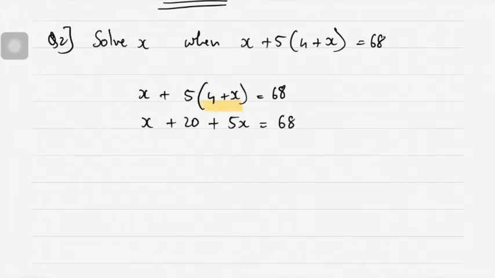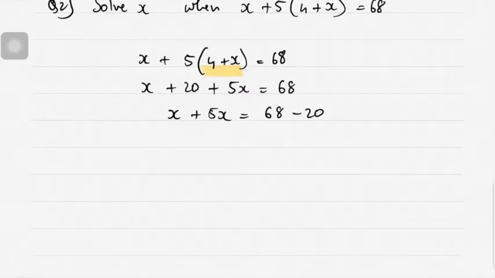I will keep x terms on one side and number terms on the other side. So x plus 5x, 20 I'll take to the other side, so it will become 68 minus 20. Okay, so x plus 5x will be 6x is equal to, x means 1x, correct?